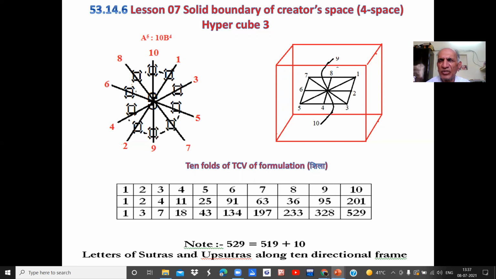The formulation Shila is a basic 10 directional application format of the Ganita Sutras. Vedic mathematical domain of 16 sutras and 13 sutras is equally uniformly applicable along all the 10 directions.